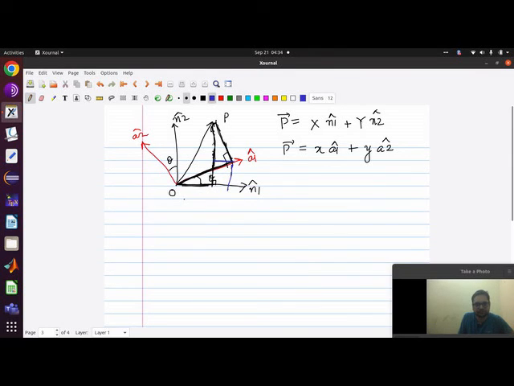Now if this is theta, this is also theta. The angle here is also theta. So the two things that we are interested in here is, let me see if I can get that thing as it is.